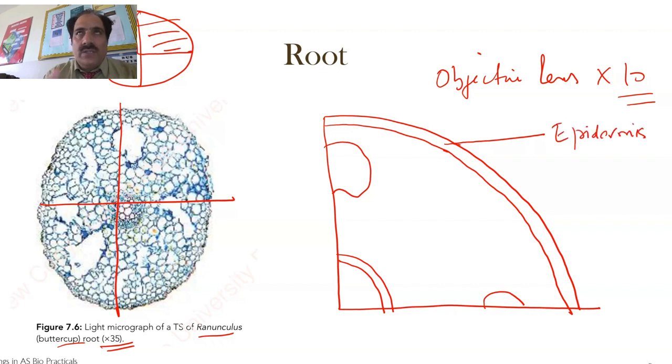Each tissue is basically shown by two lines. So if we have epidermis from here to here, then we have cortex from here to here, then we have endodermis from here to here. Then there is a vascular tissue inside it. Most of the times they tell us to show where the xylem is. So if I can see it here, I can see a part of the xylem like this one. For example, this one is the xylem.